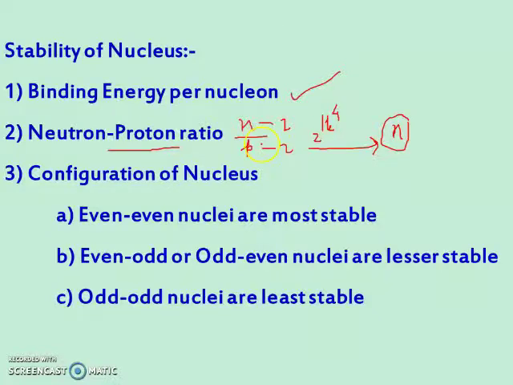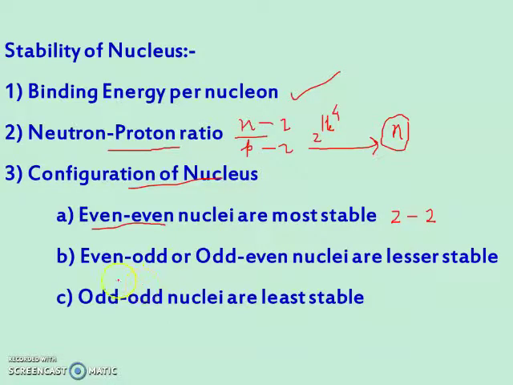And the third factor is the configuration of the nucleus. If the nucleus has an even configuration, it means it is most stable. For example, helium has 2 protons and 2 neutrons. It means the nucleus is an even-even nucleus: even protons, even neutrons.